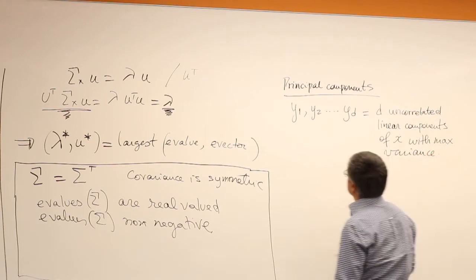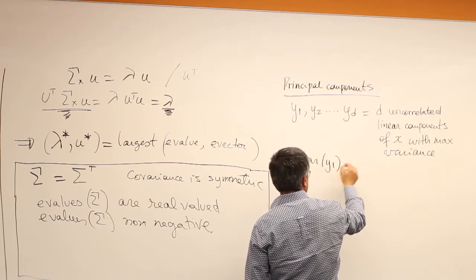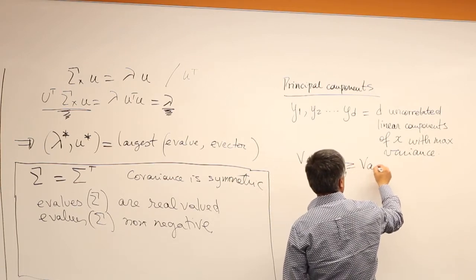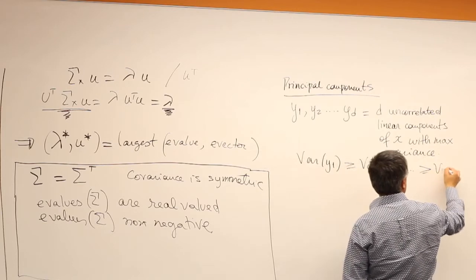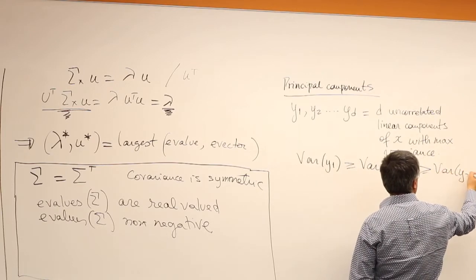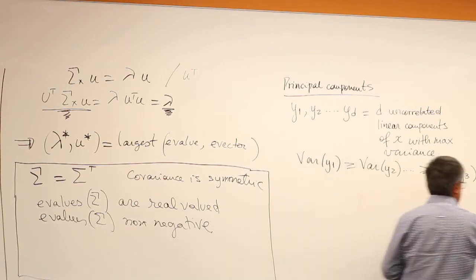Okay. So typically, and just to put some order, we're going to say the variance of y1 is bigger than or equal to the variance of y2, bigger than or equal to the variance of y3... y sub p, sorry.